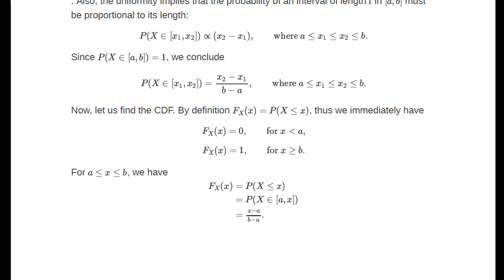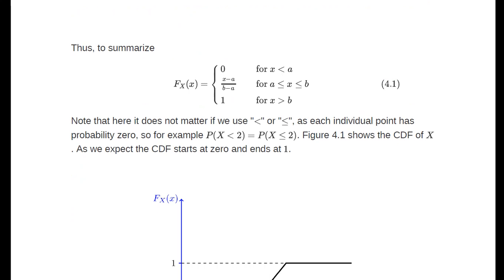Thus, we immediately have F of x equals 0 for x less than a, and F of x equals 1 for x greater than or equal to b. For x between a and b, we have F of x equals probability of X less than or equal to x, which is equal to probability of X being an element of the interval [a, x], which is equal to (x minus a) over (b minus a).